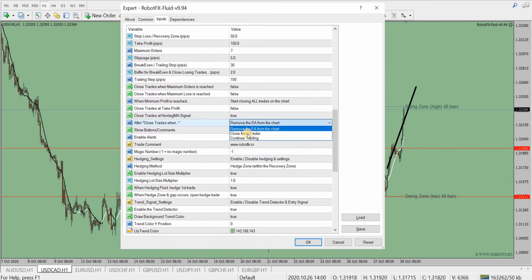What do I do after the EA closes? I do nothing, I continue trading. However, sometimes I'm not sure about the price, or when trading the non-farm payroll, some other thing might happen there. Sometimes I instruct the EA to remove itself from the chart.